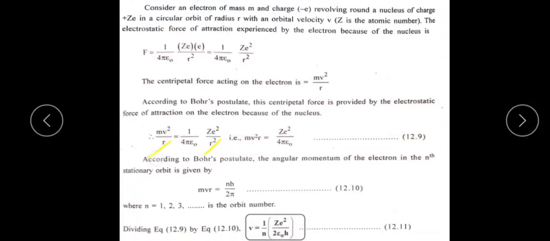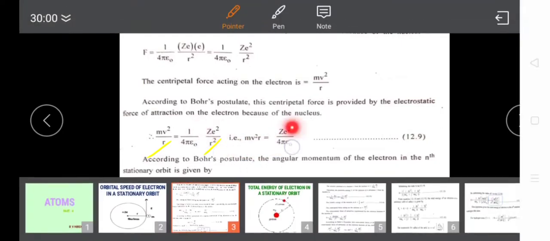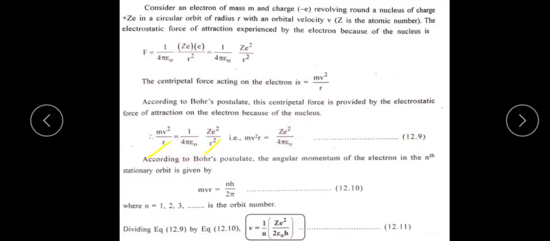Already mv square is there, so if this r is transferred to the LHS, it becomes mv square into r, that is equal to the remaining terms: Ze square as it is, then 1 divided by 4 pi epsilon naught, kept as it is. Then the equation becomes mv square r is equal to Ze square divided by 4 pi epsilon naught. This is equation number 12.9.